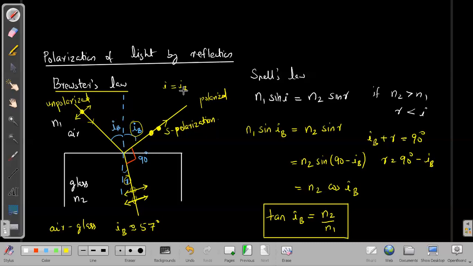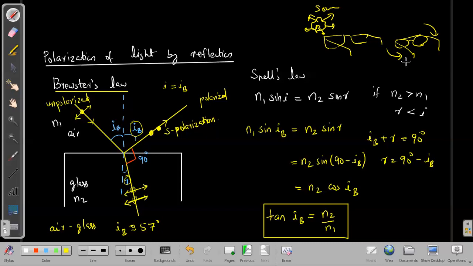in a 360-degree rotation. You can take two cooling glasses, keep another cooling glass of the same type, rotate one cooling glass and look at a light source.